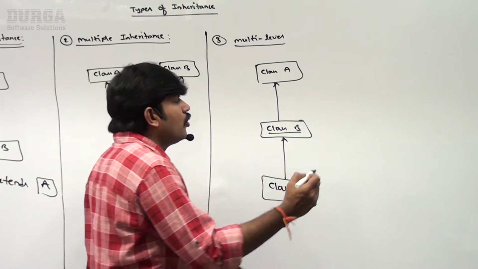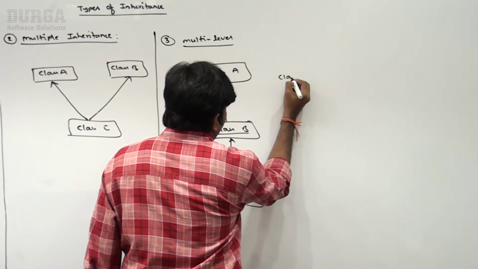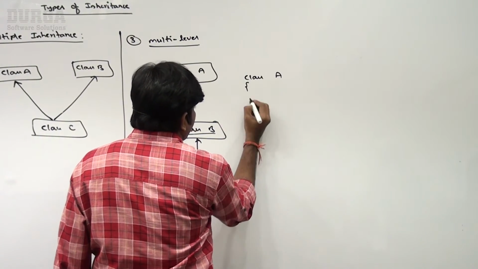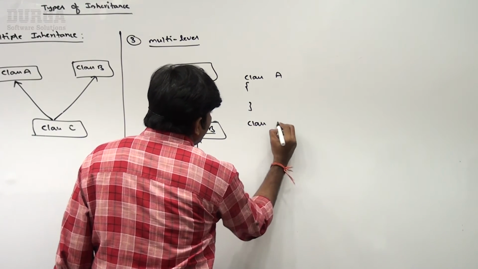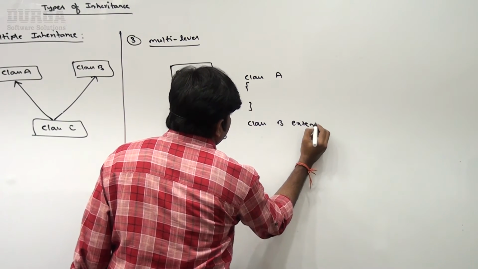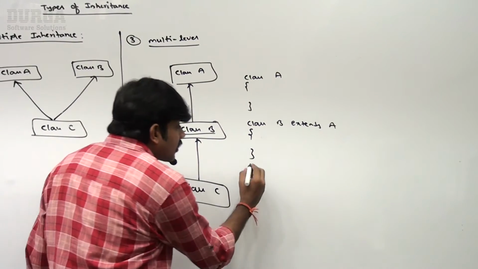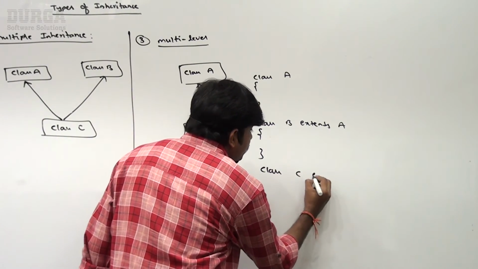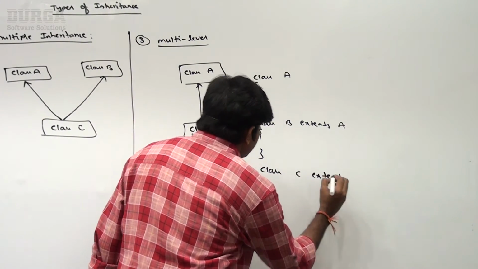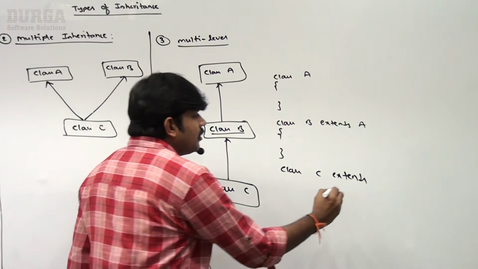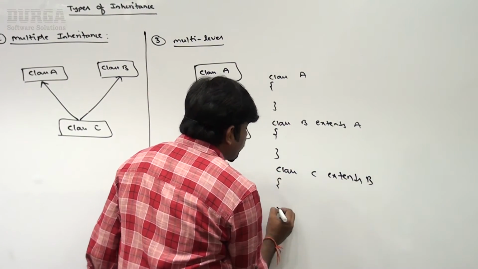Best example, coding level, right? I have class A. Class B extends A. Class C extends B, like this.